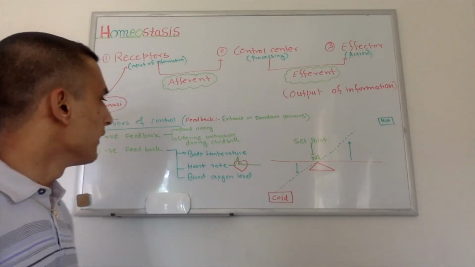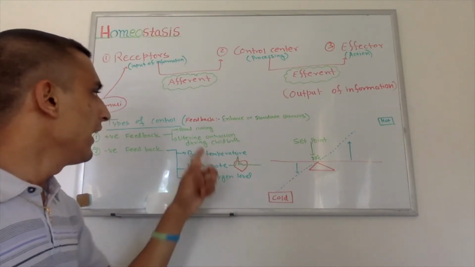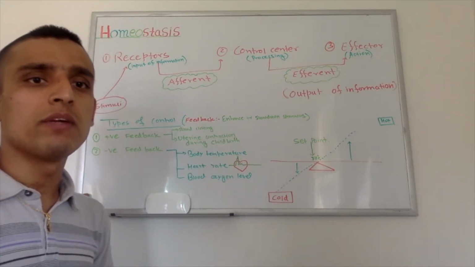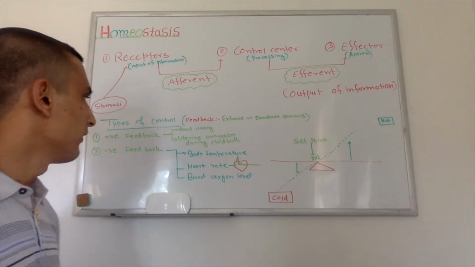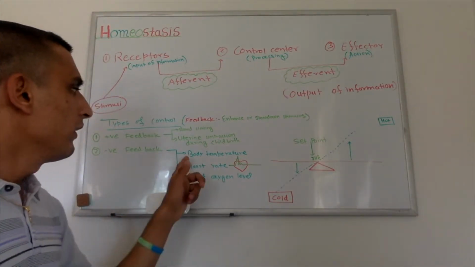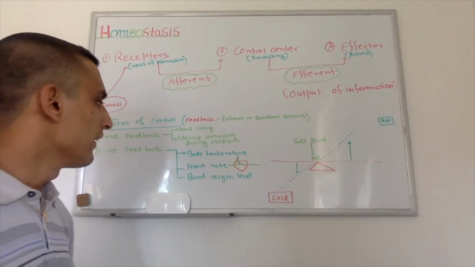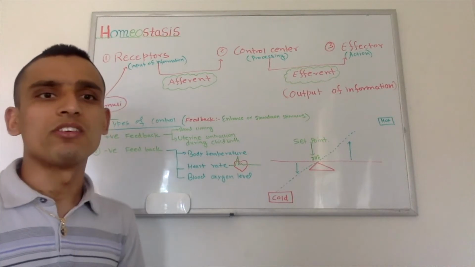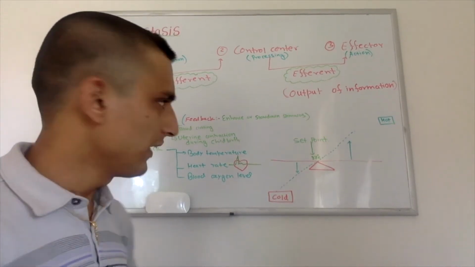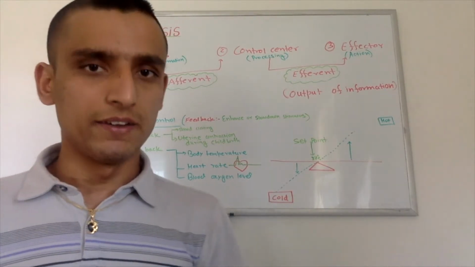In the human body, positive feedback works during blood clotting and uterine contraction during childbirth, while negative feedback works in maintaining body temperature, heart rate, and blood oxygen level. That's a very important thing to remember here.